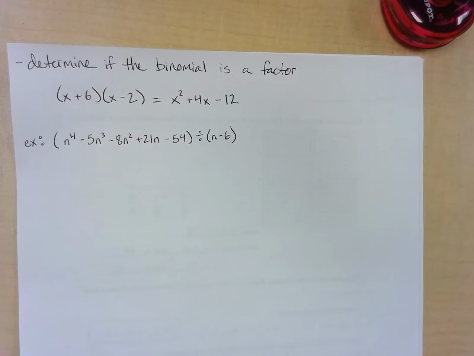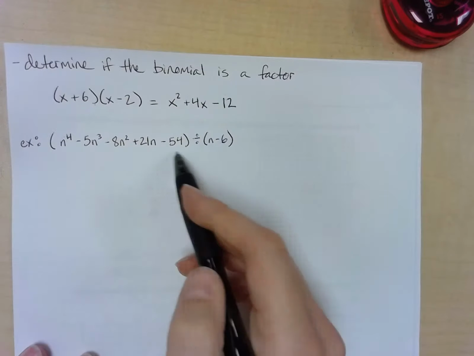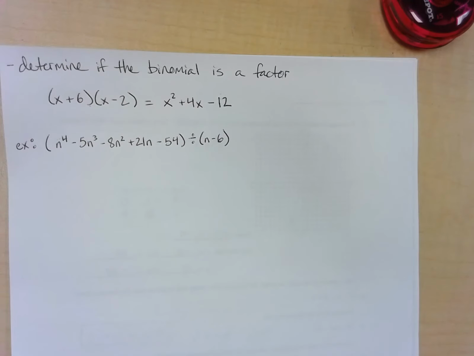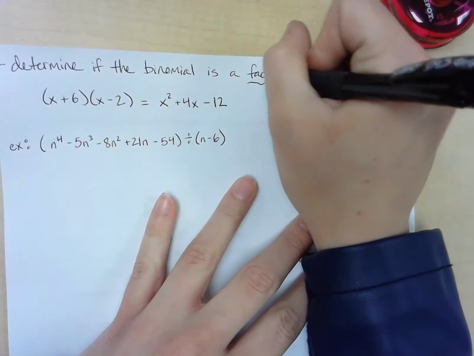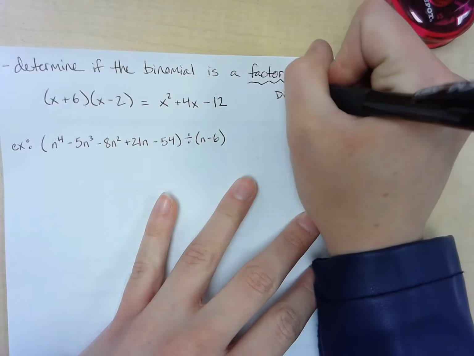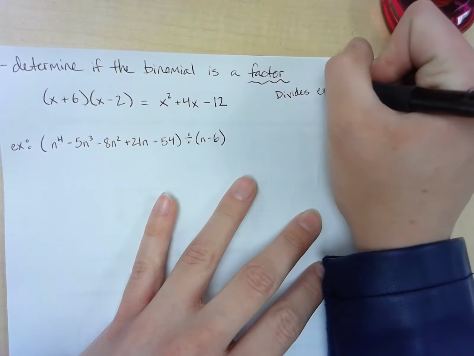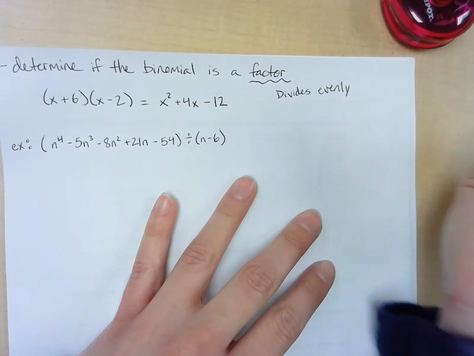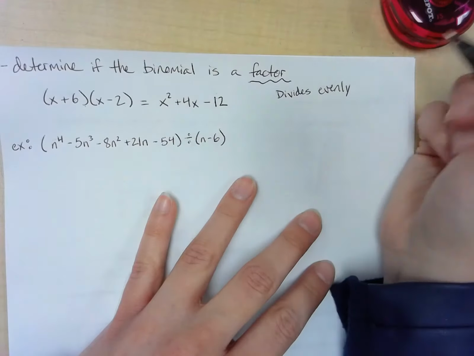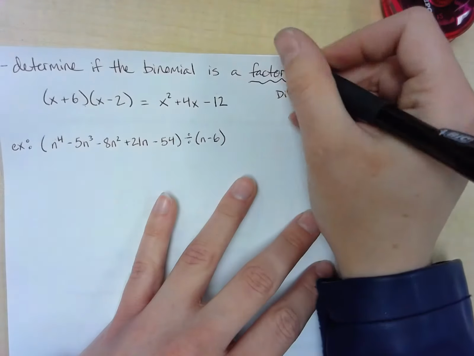And I want to know, is n minus 6 a factor of this hot mess right here? Remember, to be a factor, it divides evenly, which basically means we need a remainder of 0.